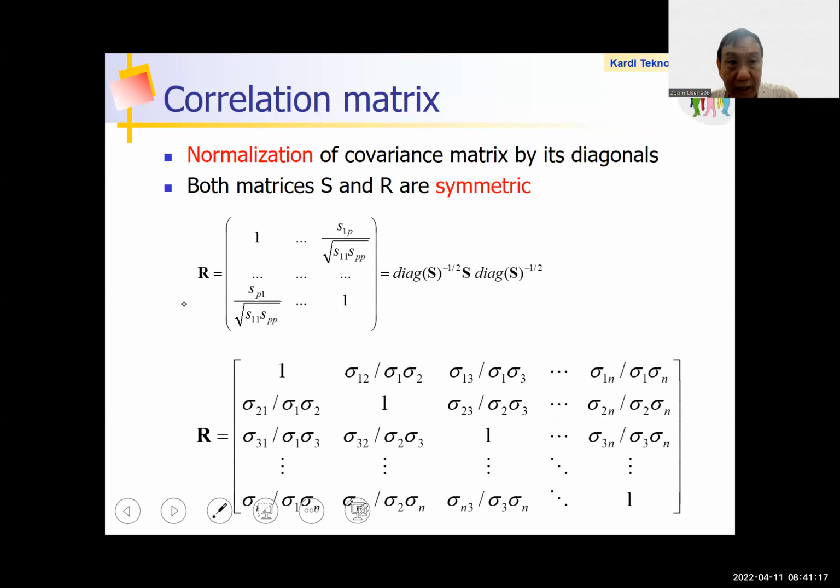Now, if you standardize this covariance, you get what is called the correlation matrix. You get the correlation matrix by taking the covariance, where S here is the covariance matrix, and multiplying by the inverse square root of the diagonal on both sides.